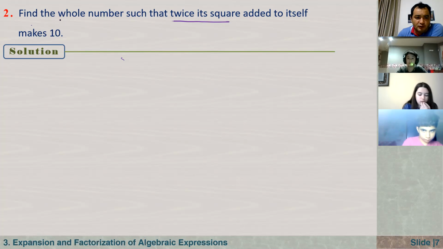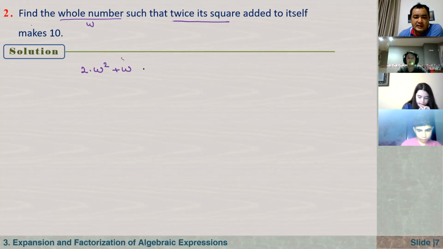So now I suppose that whole number is, let's say, it can be anything, x, y, t, z, but here let me denote this with w. So twice its square added to itself. That is 2 times its square, 2w squared, and added to itself.